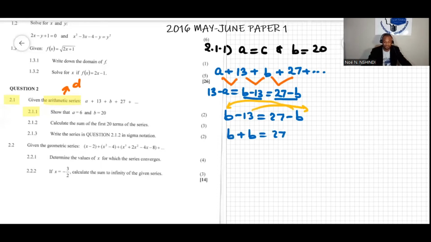Negative 13 moved over becomes positive 13, and B plus B makes 2B equal to 27 plus 13. This is equal to 40. And then if we divide by 2 both sides, we get B equal to 20. So this is proven.